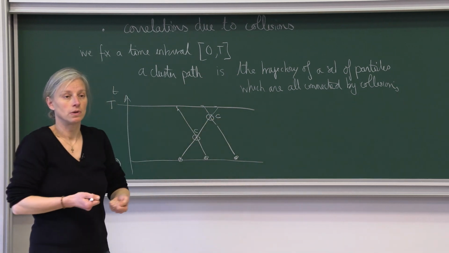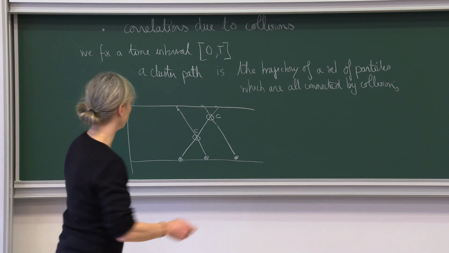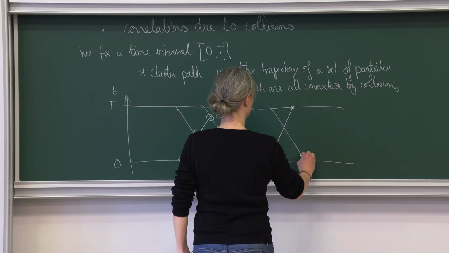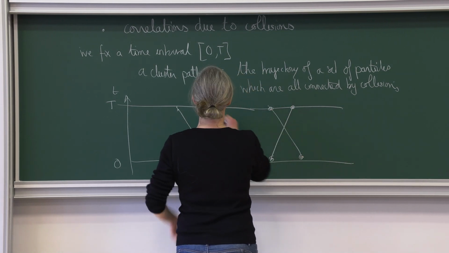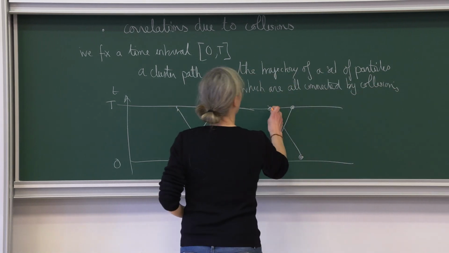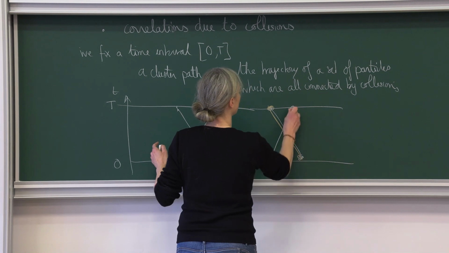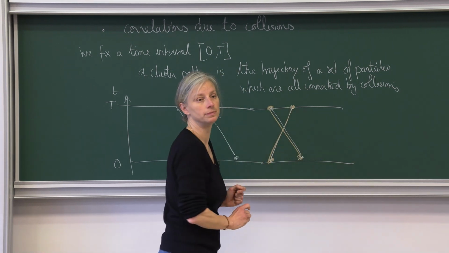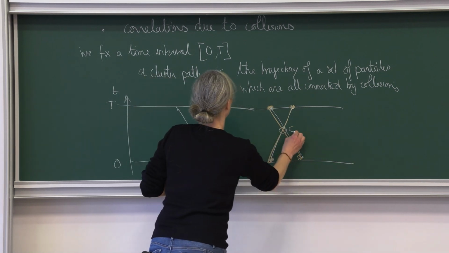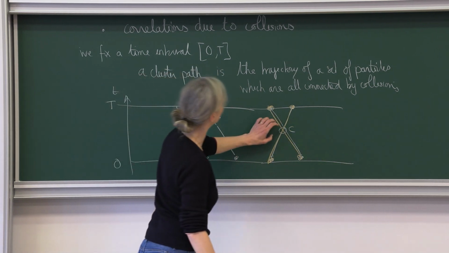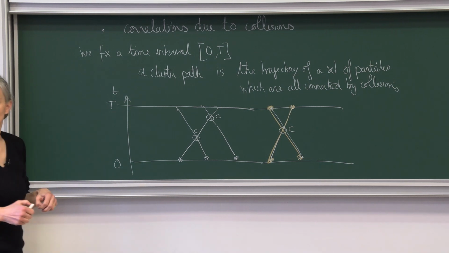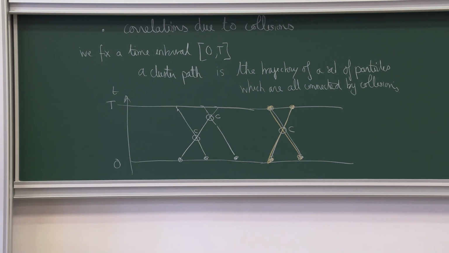On the right or on the left, there are other cluster paths, separately. So here, this is one cluster path, and this is another one. At the moment, I fixed this time interval. So here you have two cluster paths, one in white and one in orange.